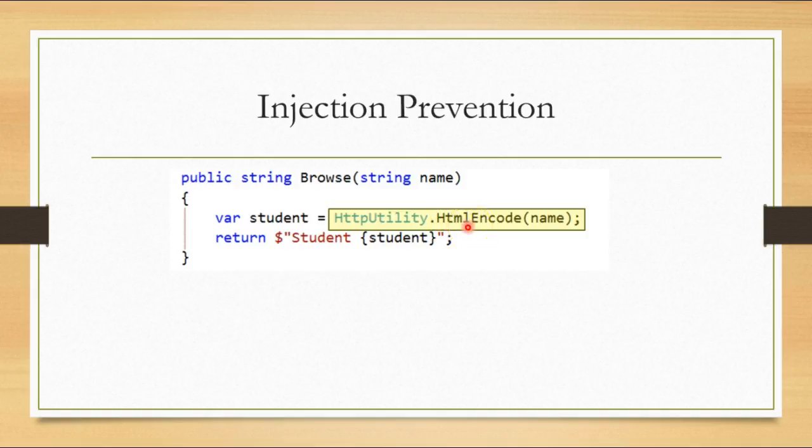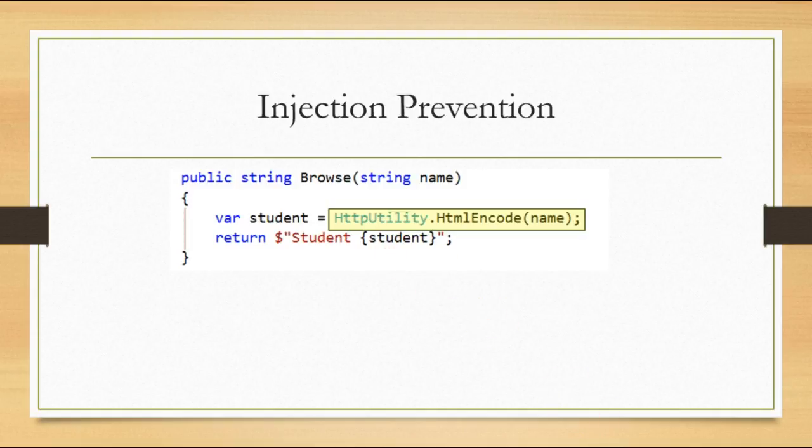It has a method called HtmlEncode that will examine whatever we pass it here and tell us if this code looks suspicious or not. If it's suspicious, it will throw an exception. So if it's not suspicious, it passes it to here, and we then have student and then whatever name they put in there. Let's take a look at that.